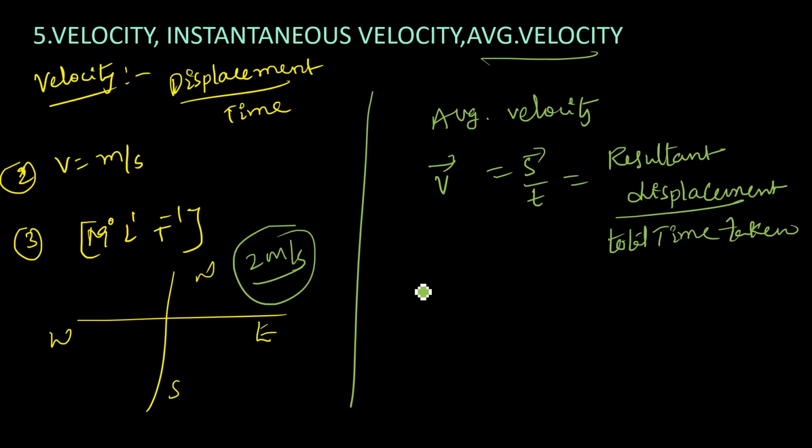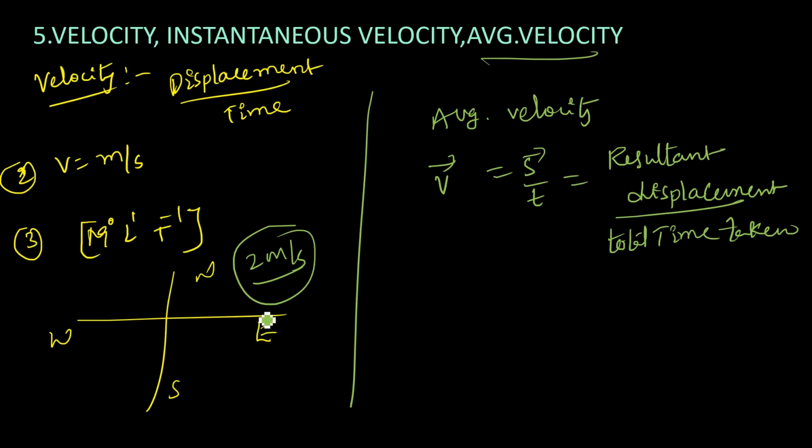Velocity means displacement by time taken. The displacement covered by the body per unit time. So meter per second. So anyway, direction is the thing. M power 0, L power 1, T power minus 1. So body is moving in a particular instant.